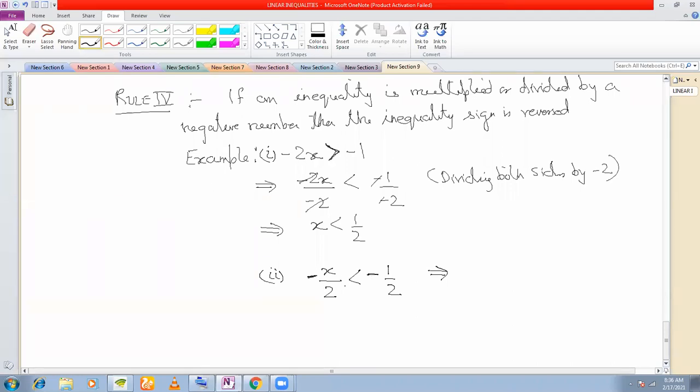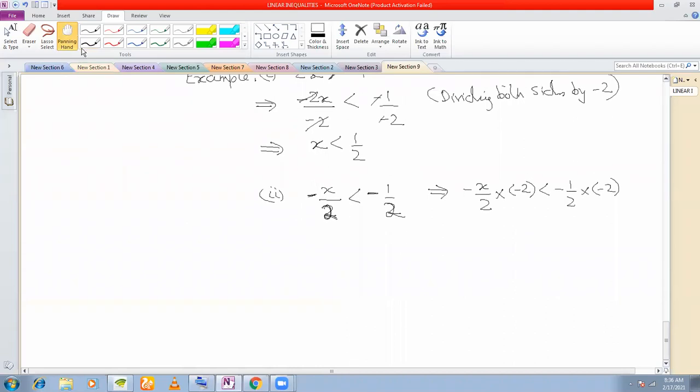I want to make both the sides positive, and I also want to make the coefficient of x as 1. So I will multiply both sides by -2. And the sign will be different. So we'll see what sign this will be.